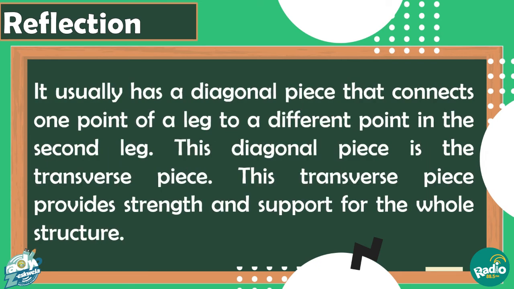It usually has a diagonal piece that connects one point of a leg to a different point in the second leg. This diagonal piece is the transverse piece. This transverse piece provides strength and support for the whole structure.